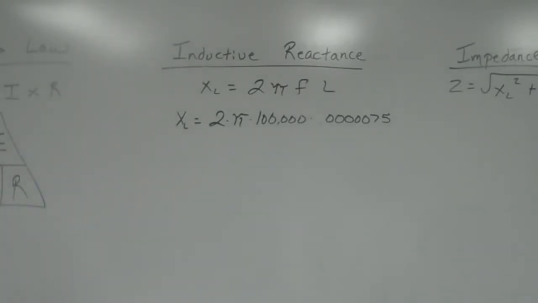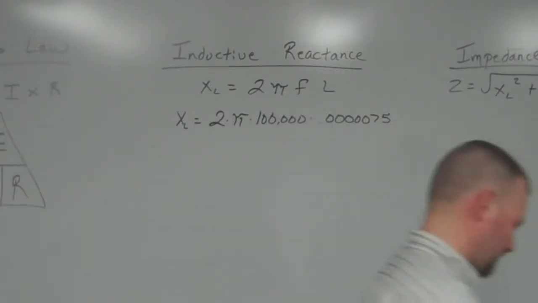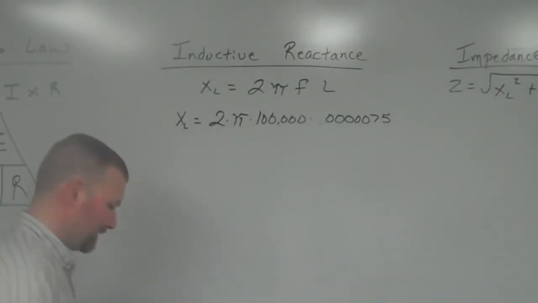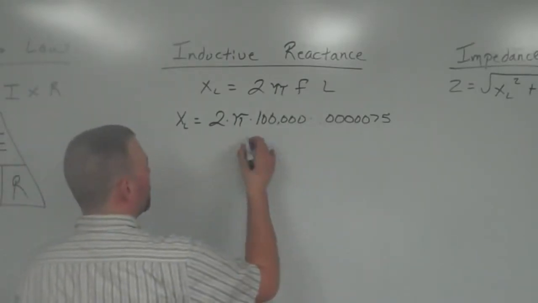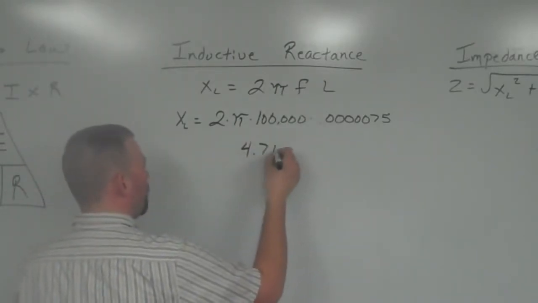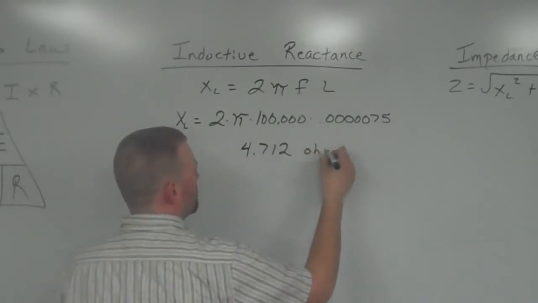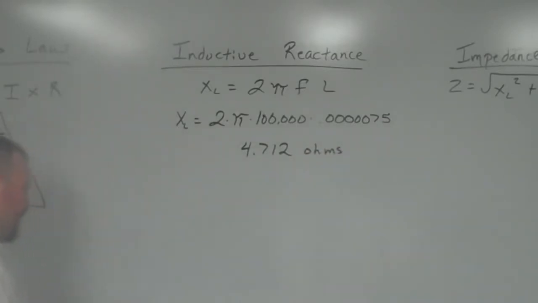And real easily, if you've got your calculator, 2 times pi times 100,000 times 0.1234575. That's going to tell me 4.712 ohms.